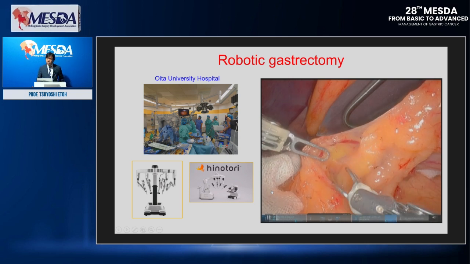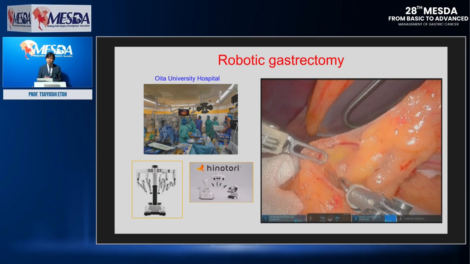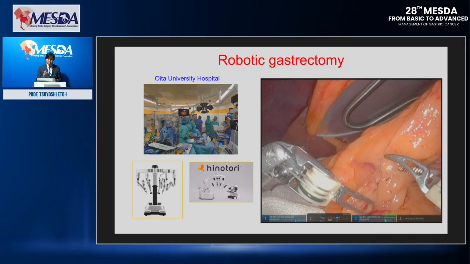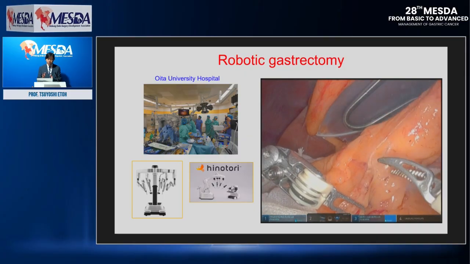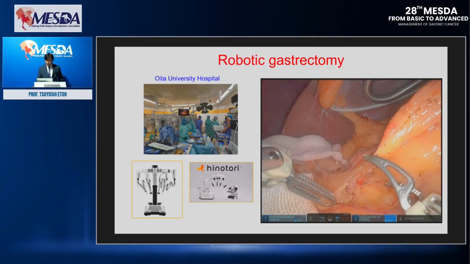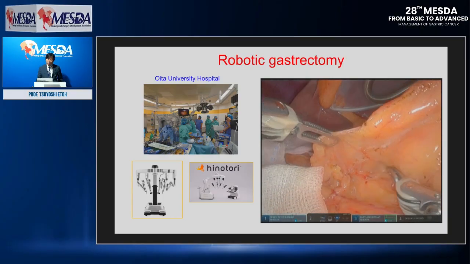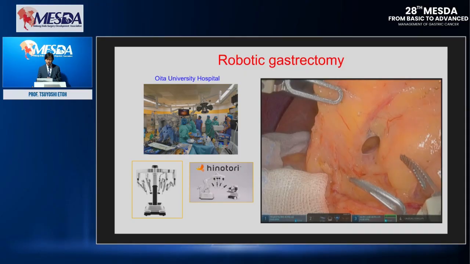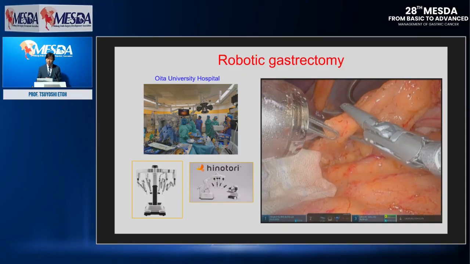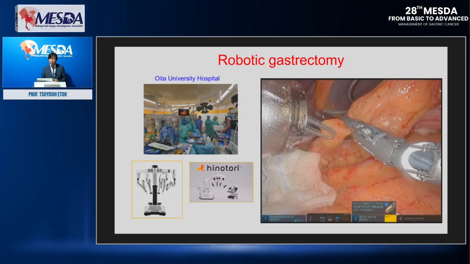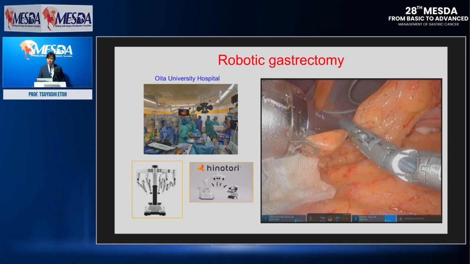As you know, robotic gastrectomy has several advantages: multi-direction, fixed operation field, and a 3D view. But on the other hand, this system has a very high cost, and some disadvantages for young surgeon education and training. That's a big problem in Japan.